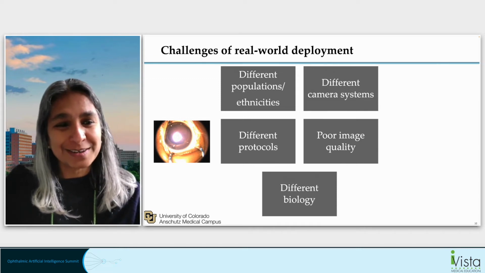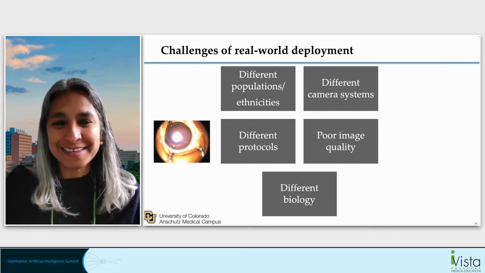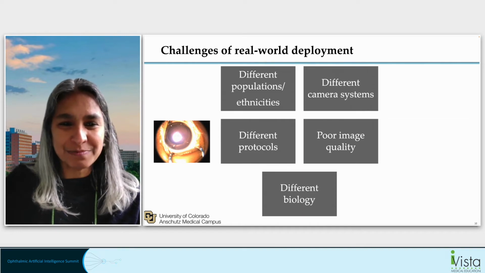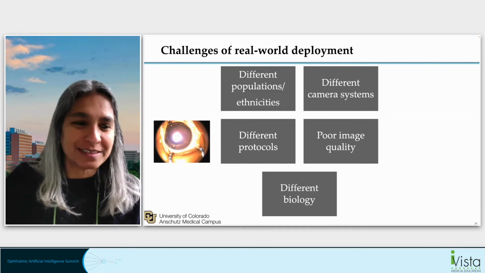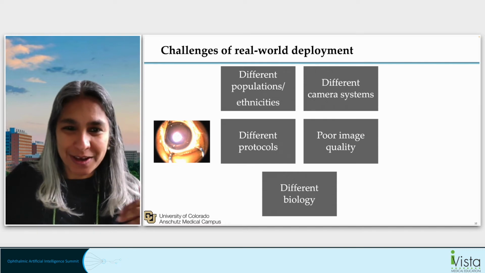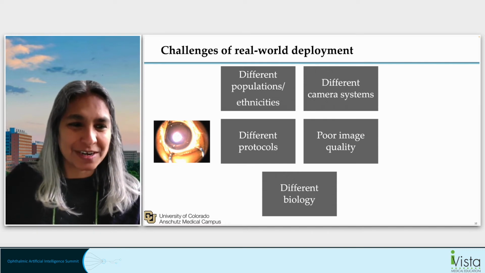So we were expecting to see fundus photographs and we suddenly saw this. And the algorithm thought this was a fundus image and then happily gave a prediction on it, but that is not what it was trained on. And so obviously it didn't make sense to try to do that.